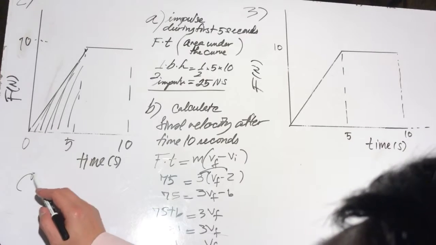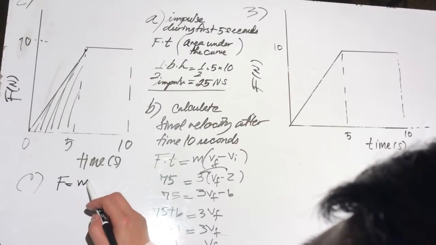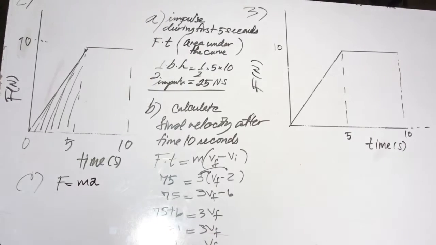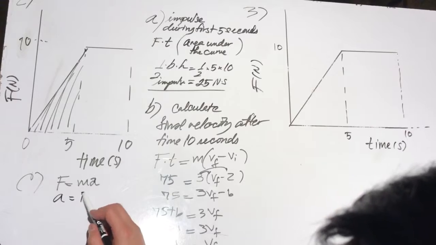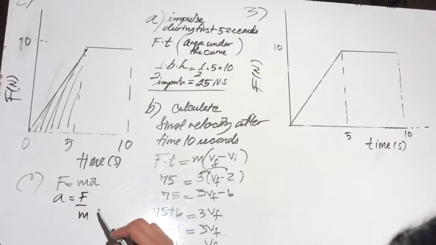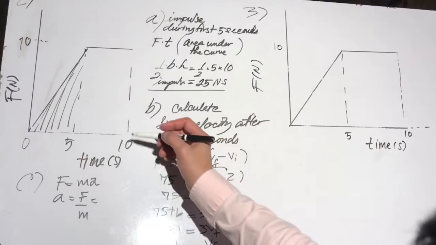So for C, if you want to calculate the acceleration, we use F equals ma, solving for the acceleration. So acceleration is equal to force divided by mass. But now we have to figure out during which second. I'm just going to say 10 seconds.